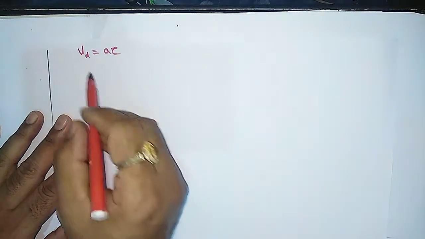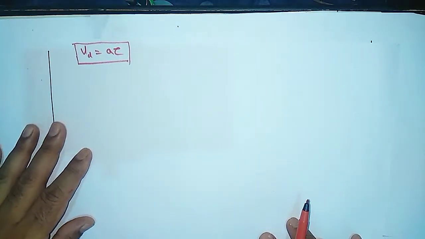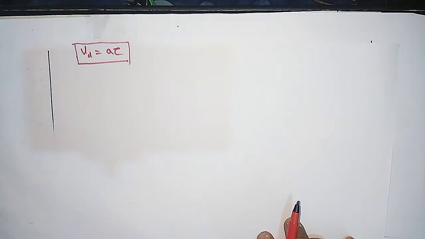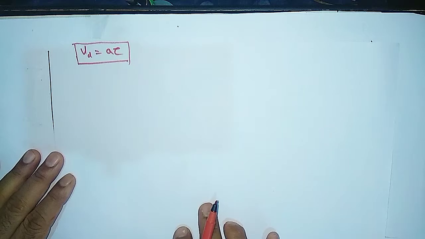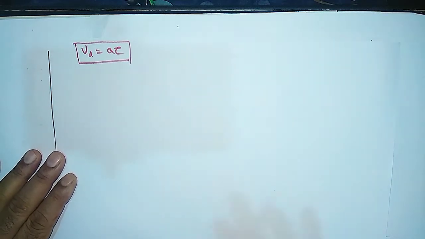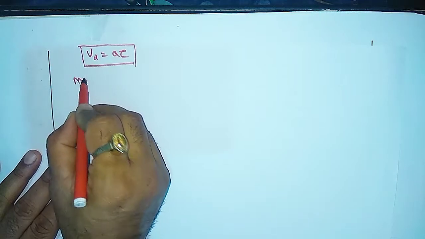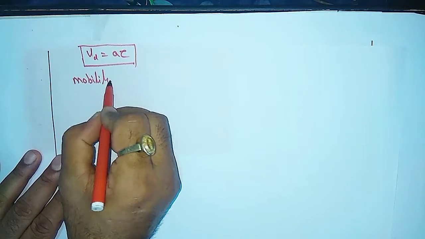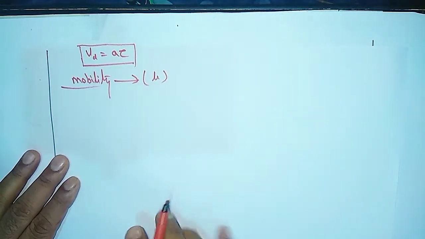Now we can find this relation in terms of the electric current also. Before that, I wish to explain a very important term, that is the mobility. See, what is the mobility, which is denoted by mu.